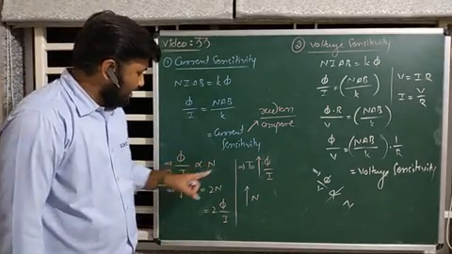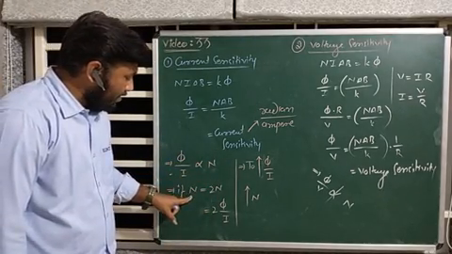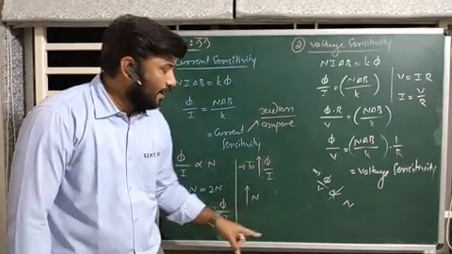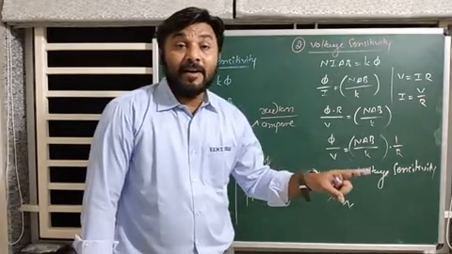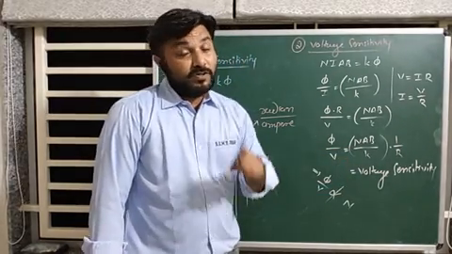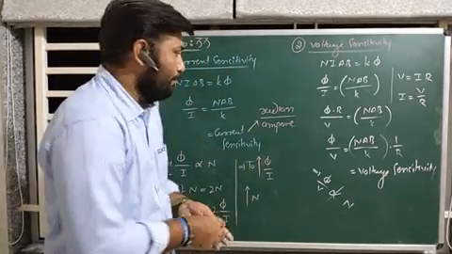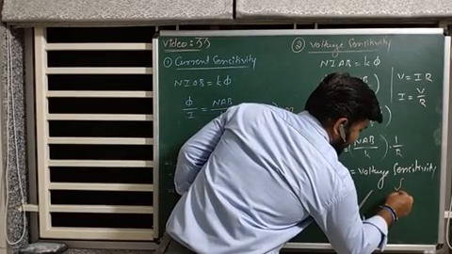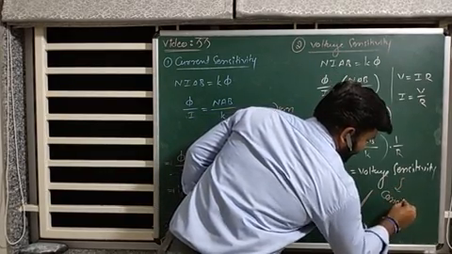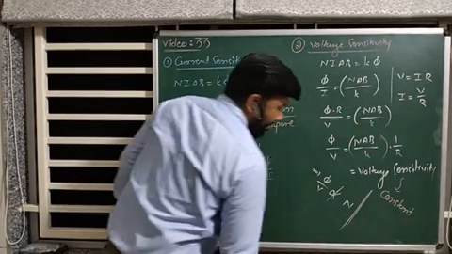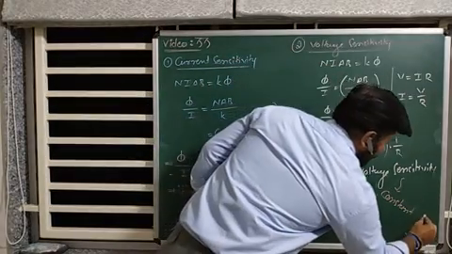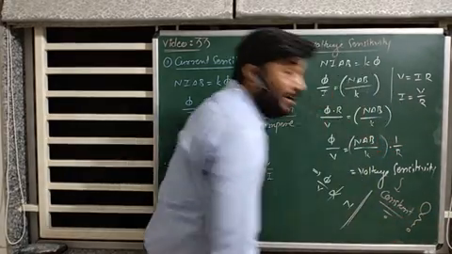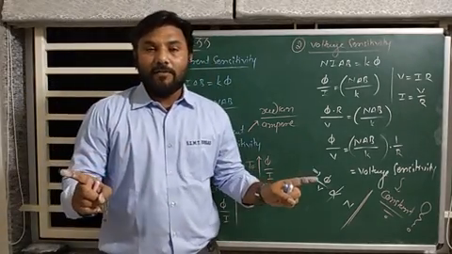As we have seen in current sensitivity, as the number of turns increases, current sensitivity increases. But here, voltage sensitivity remains constant. So there is one question for you: why is it constant? That you have to find out.